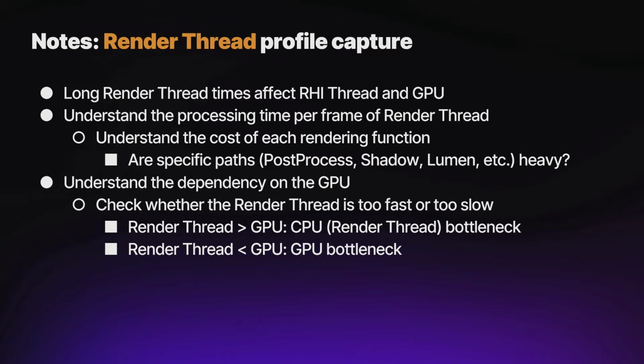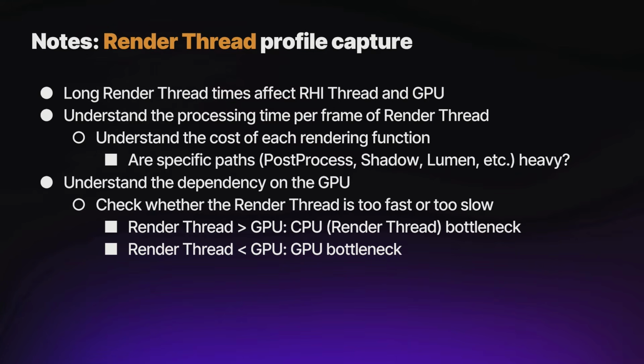The render thread sits directly upstream from the GPU, so any delays here can ripple into the GPU or RHI thread. To evaluate whether the bottleneck lies on the CPU or GPU side, we need to compare their processing time. If the render thread is taking longer than the GPU, that suggests the CPU is the limiting factor.